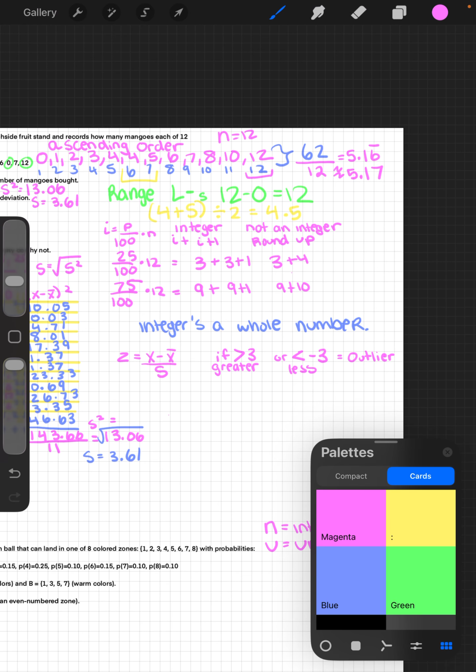So we're going to look for 3 and 4. It's going to be 2 plus 3 divided by 2, and then we're going to do 9 and 10. It's going to be 7 plus 8 divided by 2.